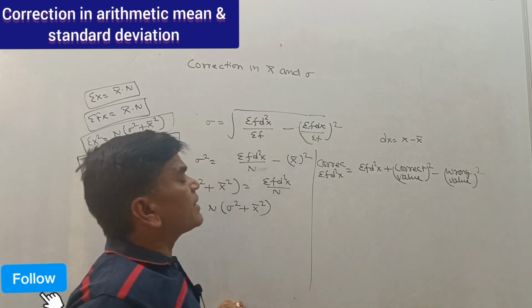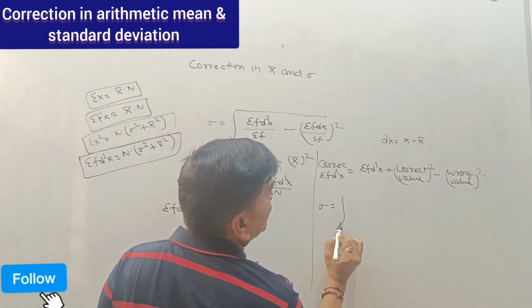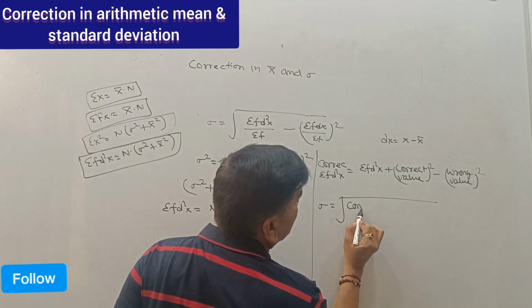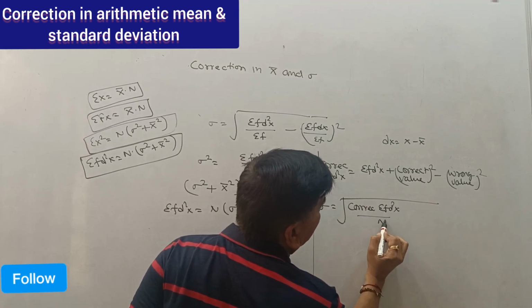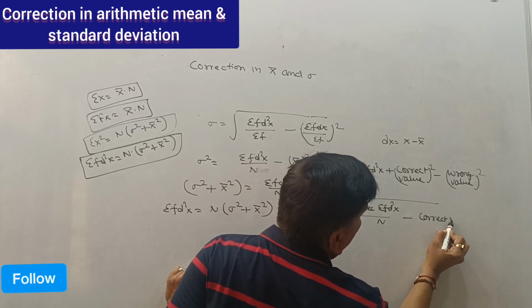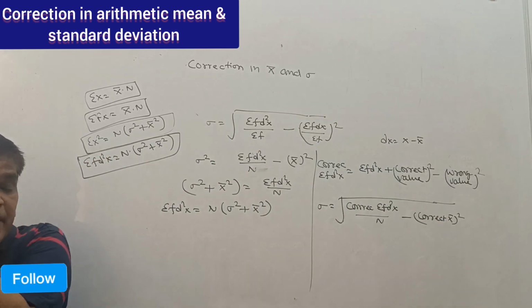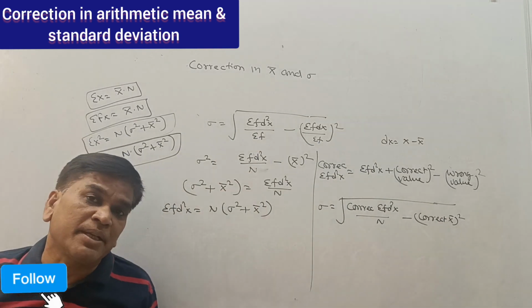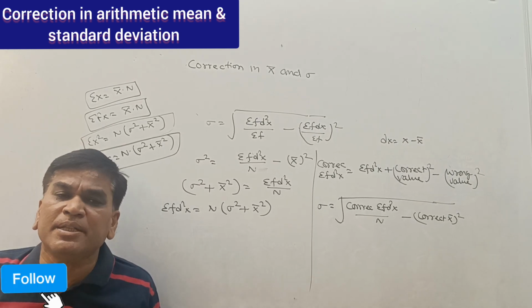So we will get correct sigma f d square. Then standard deviation will be correct sigma f d square x divided by n minus correct x bar square.